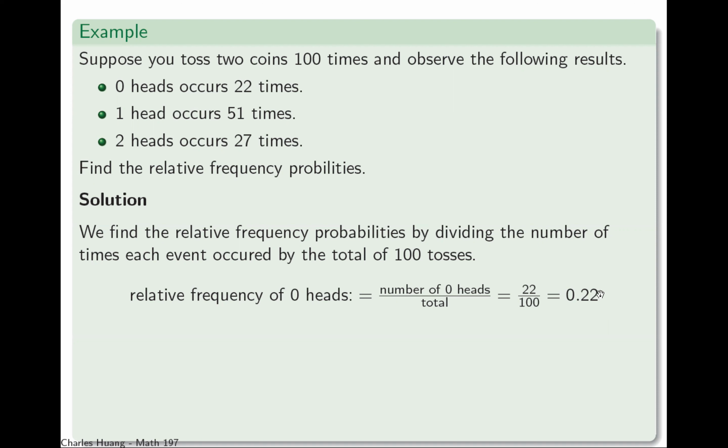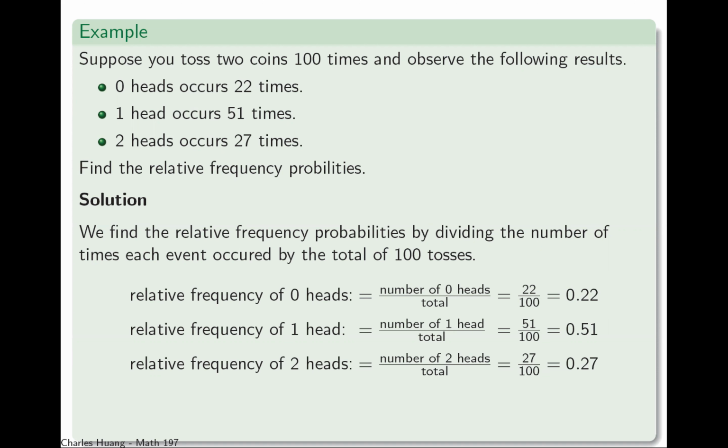That makes it easier to understand. That says that if I toss 2 coins, 22% of the times I will have no heads showing up. Now the other 2 situations are calculated the same way. We just use different numbers.